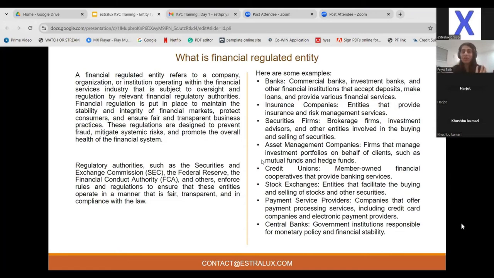When you say an entity is regulated, that means some government body, some institution or organization, is regulating it. And regulating means they impose some policies and procedures on them to follow in order to call it a regulated entity.